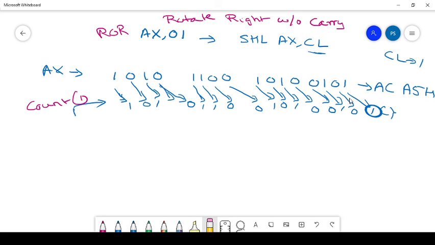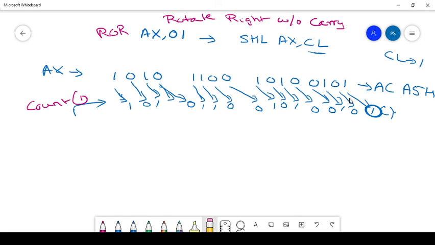Rotate right. So every bit is moved right. 0 1, this becomes 0 0 1 1 0 1 1 0, this becomes 0 0 1 0. This 1 will be moved to the carry flag and this 0 will be moved to this one. This is rotate through carry.